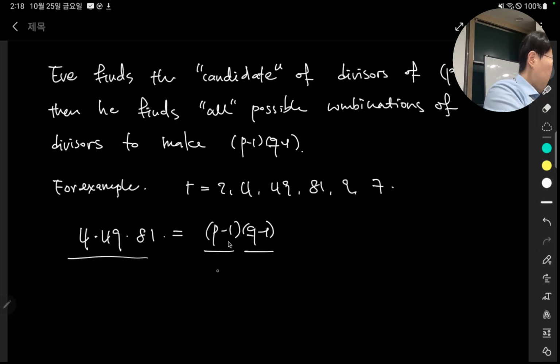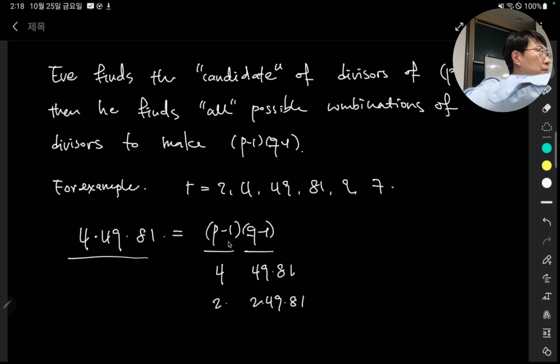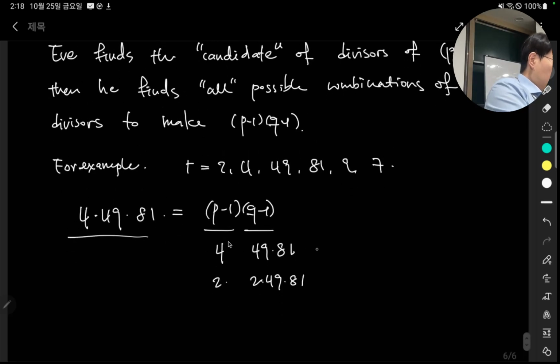For example, I can split this into 4 times 49 times 81, or I could split it into 2 times 49 times 81, and so on. There are lots of, but finitely many, combinations of splitting into a multiple of 2 integers, right?